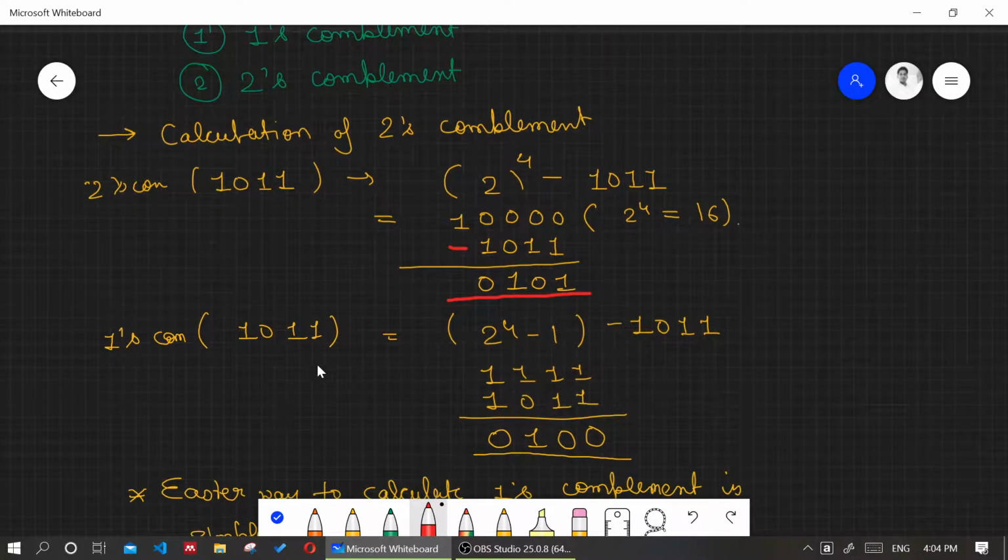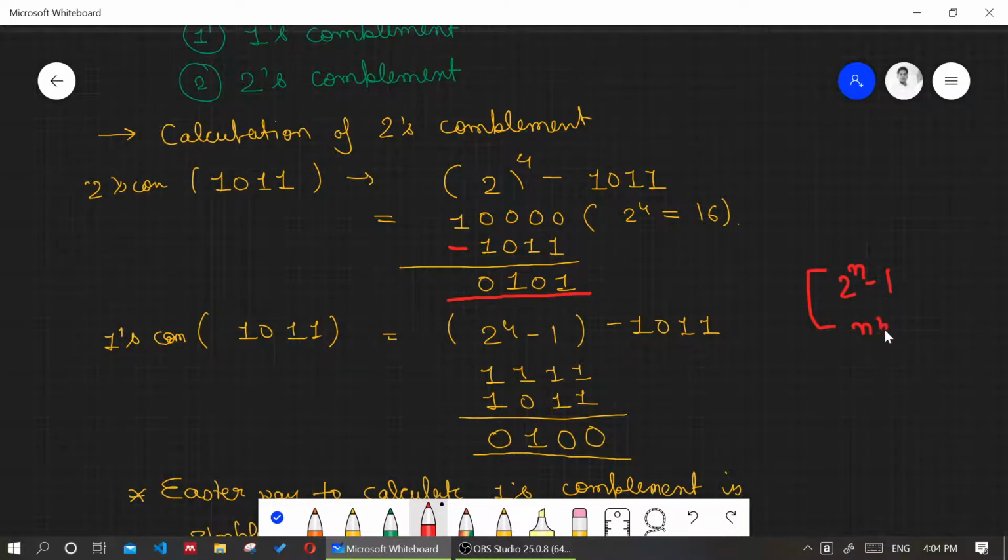Now when you try to find the ones complement, you use 2 raised to the power 4 minus 1 minus that number. This value comes out to be 1111. If you have the number 2 raised to the power n minus 1, it provides you an n-bit number with all ones.